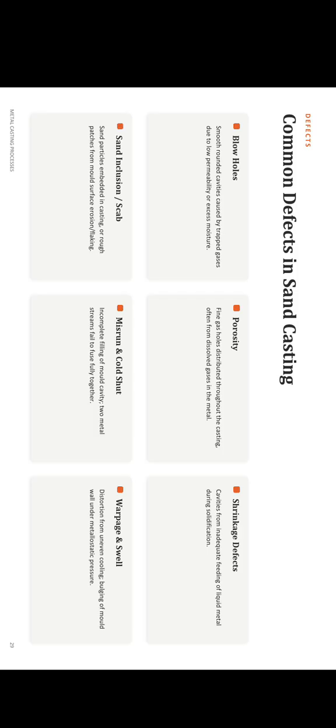Shrinkage defect: cavities from inadequate feeding of liquid metal during solidification. Sand inclusion: sand particles embedded in the casting, from rough handling or mold surface erosion and flaking. Cold shut: incomplete filling of the mold cavity, where two metal streams fail to fuse fully together. Warpage or swell: distortion from uneven cooling, bulging of the mold wall, or metallostatic pressure.